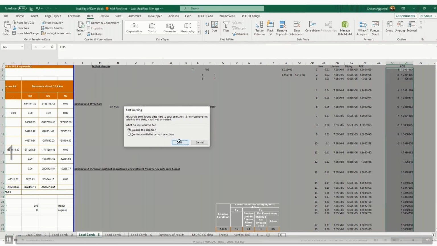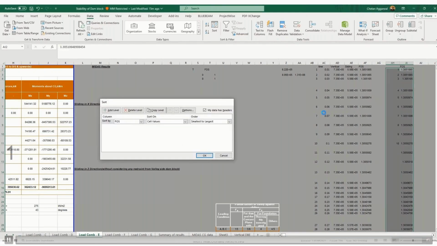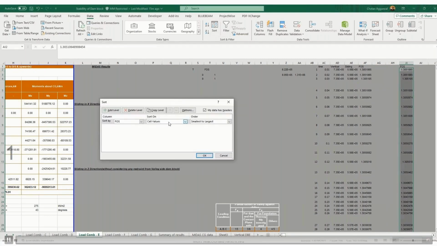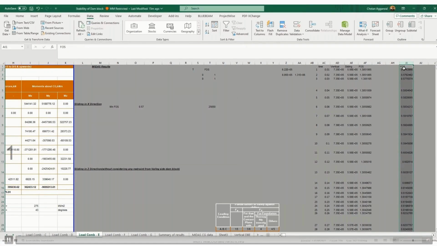Okay, no, maybe I can delete this. Just sort this data, smallest to largest first. Okay, let's see how many cycles have less than 1.